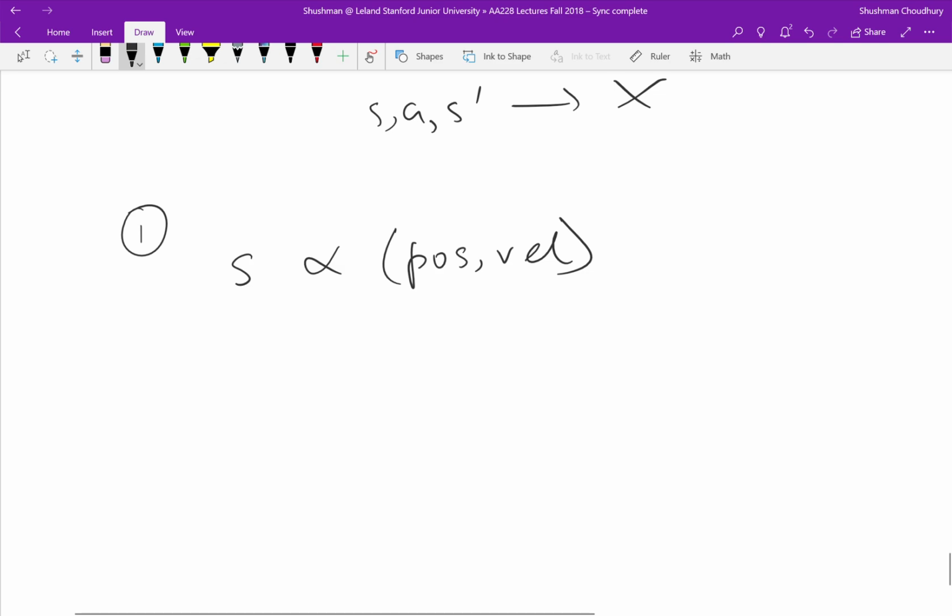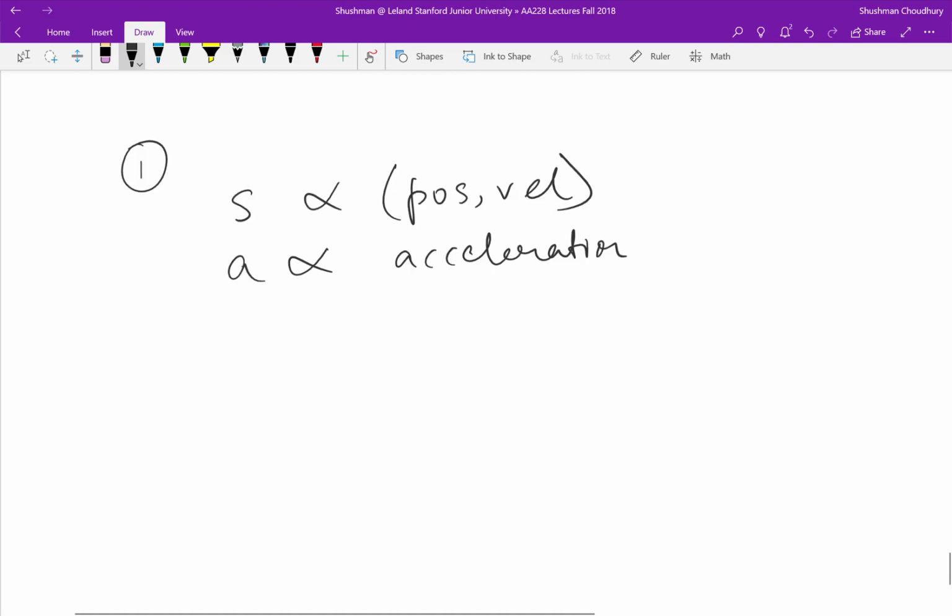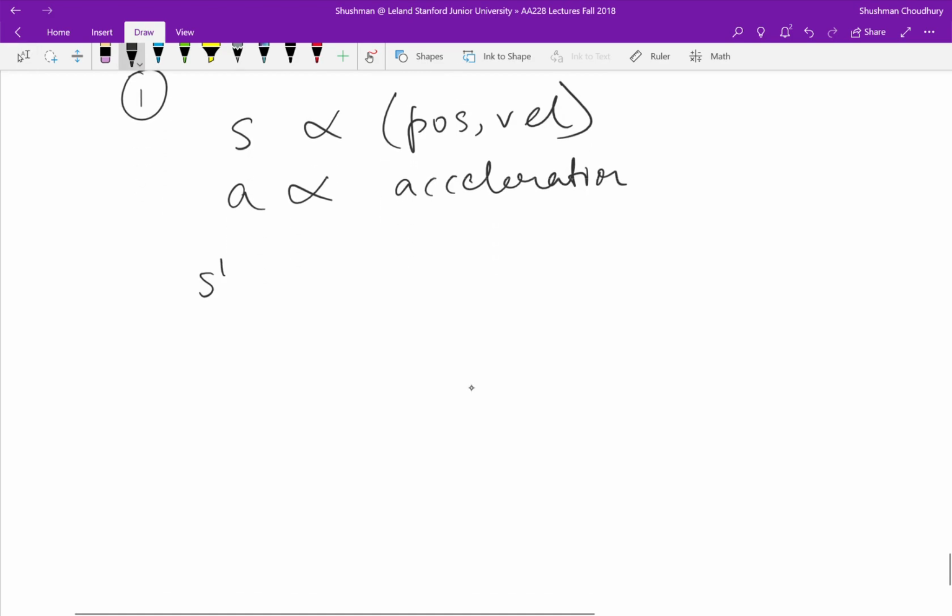Since it's a physics-based problem, and also you know that the action is basically some acceleration in some sense, you kind of know that S prime will be somewhat close to S, right?